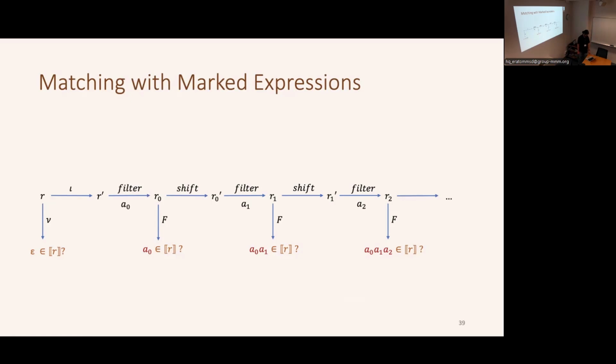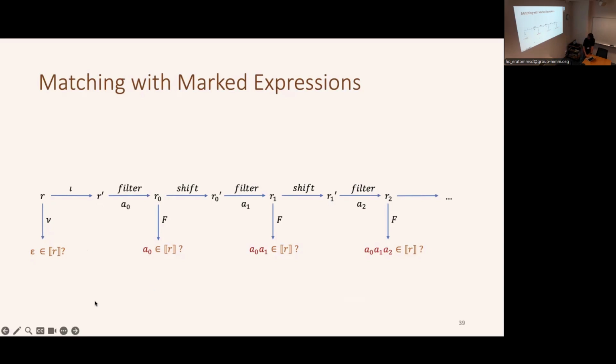R is the regular expression that's originally given to us. And if I want to know if the empty word is in the language, then I use this function new, which we saw before. And so we could stop here if we want.